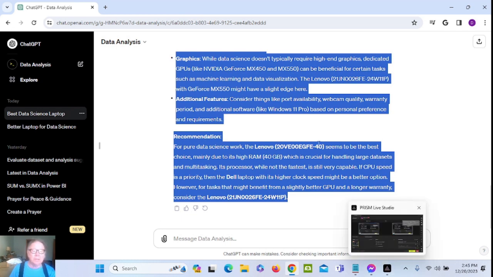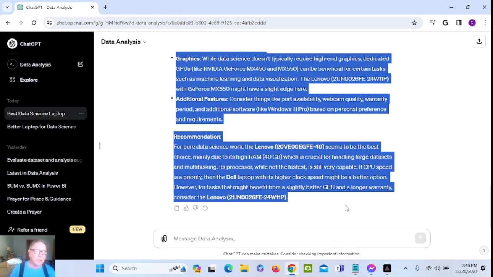So it says the Lenovo seems best because of the 40 gigabytes of RAM.